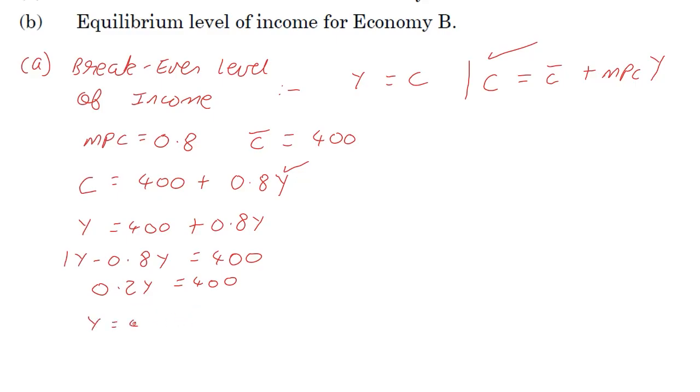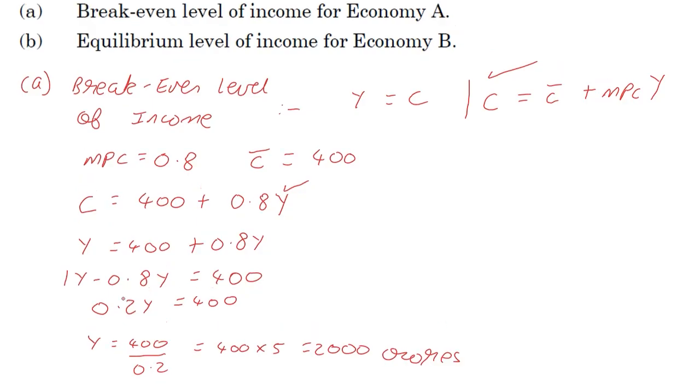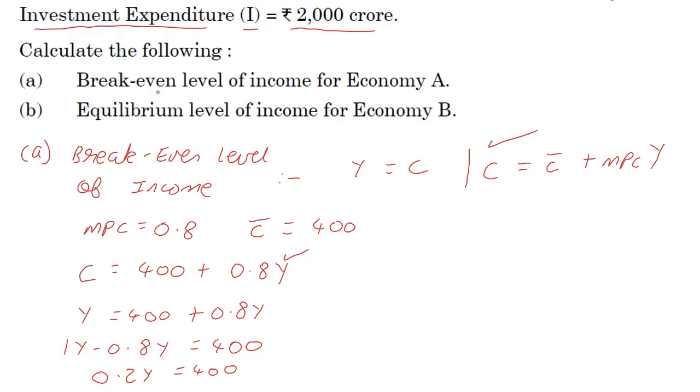Y is equal to 400 upon 0.2, which is as good as 400 into 5, which is 2000 crores. Now, what we get over here is the value of break-even level of income. So our answer for this is 2000 crores.